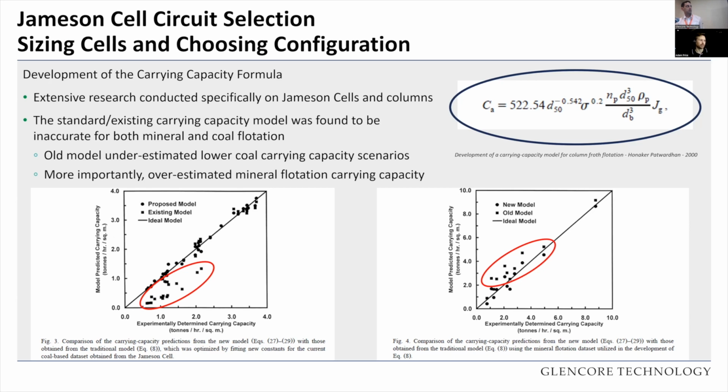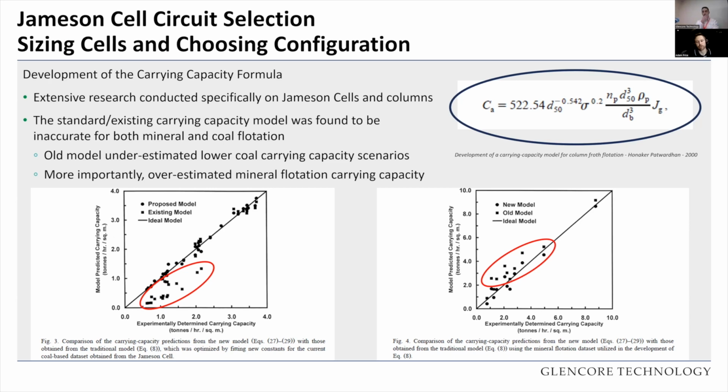With the older model, we saw it underestimated carrying capacity in coal, probably at the lower carrying capacity scenarios. But the more significant one was that it was overestimating for some of the minerals or metals duties that we looked at in the higher carrying capacity scenarios.